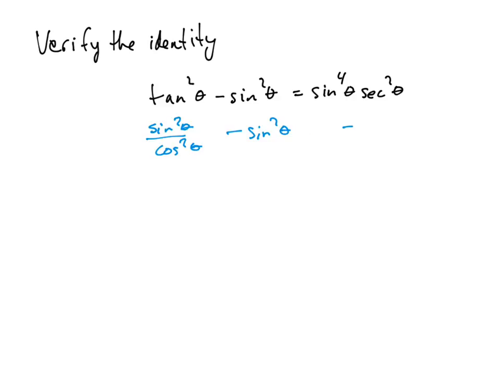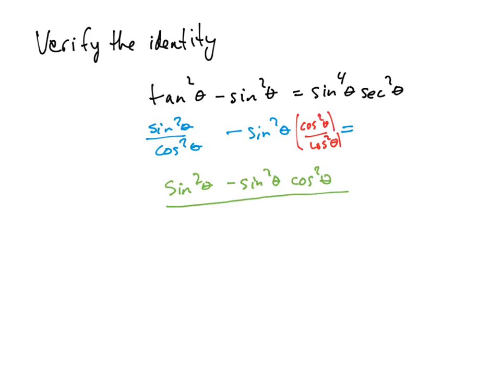So let's move that equal sign. What I'm going to do is multiply by cosine squared theta over cosine squared theta. The reason is now I will have a common denominator between the two terms on the left-hand side. So we have sine squared theta minus sine squared theta cosine squared theta divided by cosine squared theta.